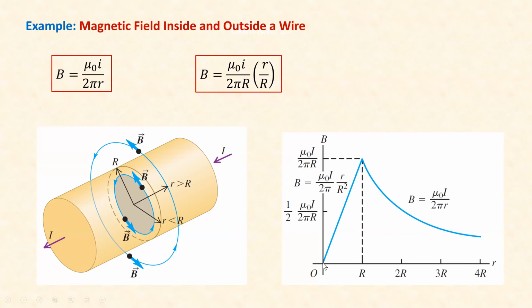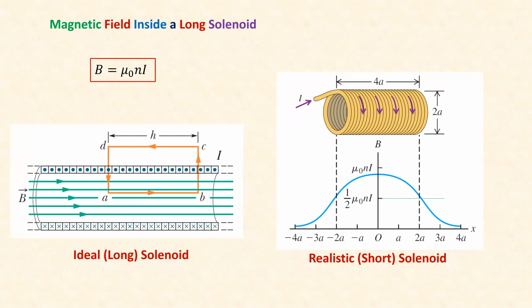At the center, we have 0 magnetic field. At the surface, we have maximum. And inside, it goes from 0 to that maximum linearly, like a line. And from the surface going away becomes mu naught I over 2 pi r. It reduces by inverse of distance to the center. All right, so this was the result of applying Ampere's law to this problem.